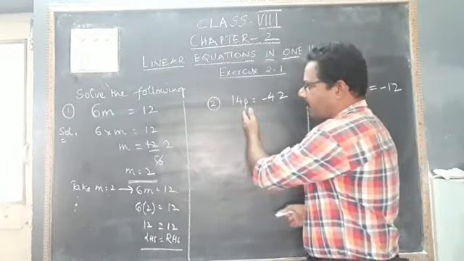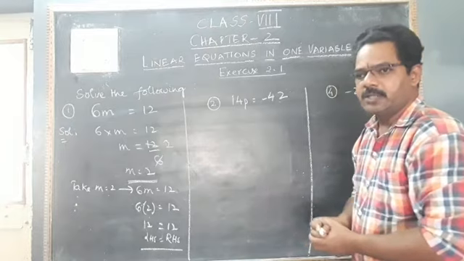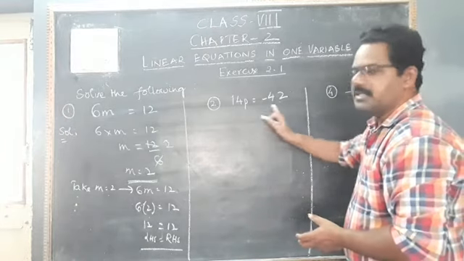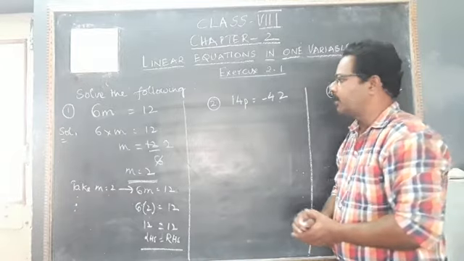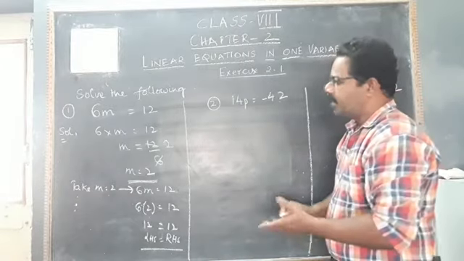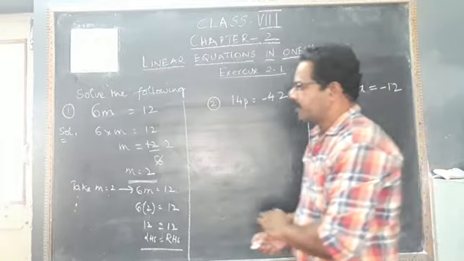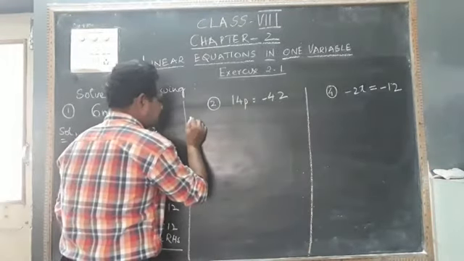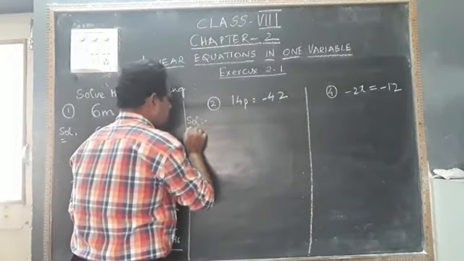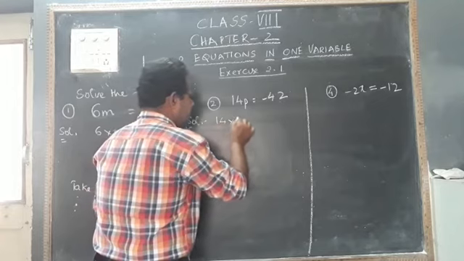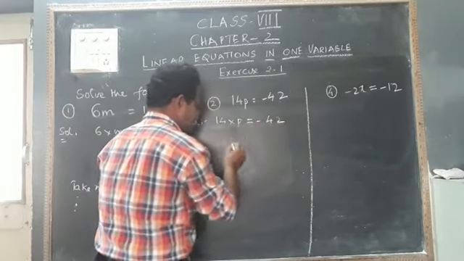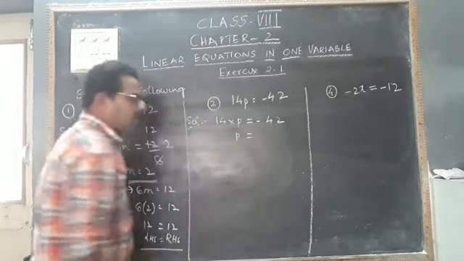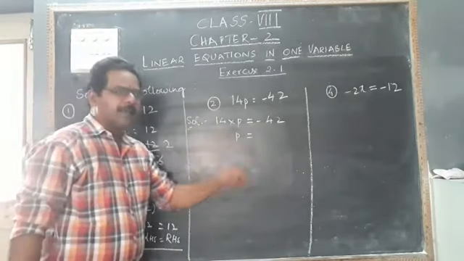Understand? So now coming to this one, you can easily do this one. 14p is equal to minus 42. We have to find the value of p. Coming to the solution, 14 into p is equal to minus 42. Now we have to find the value of p. 14 is multiplied here.